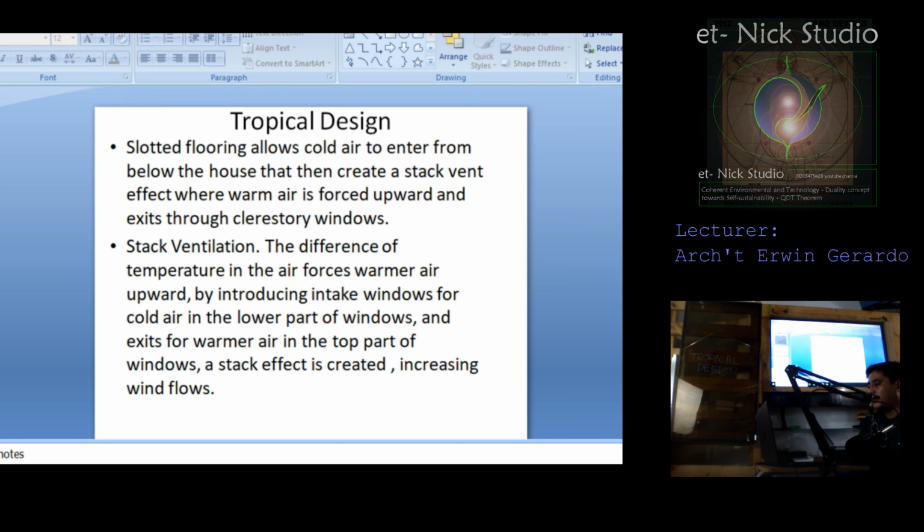The difference of temperature in the air forces warmer air upward by introducing an intake window for cold air in the lower part of the window and exits for warmer air in the top part of the window. The stack effect is created, increasing wind flow.